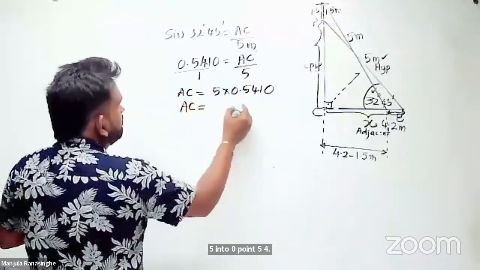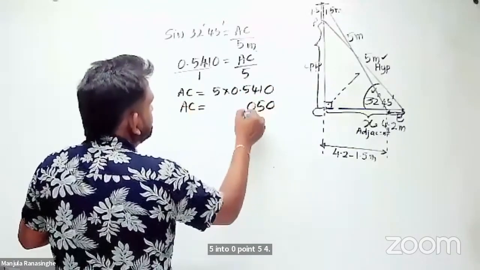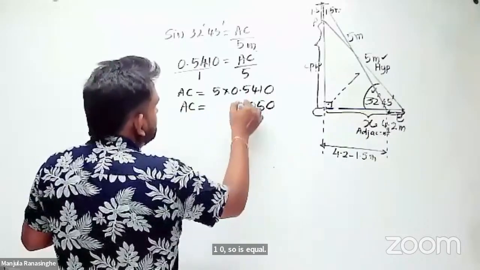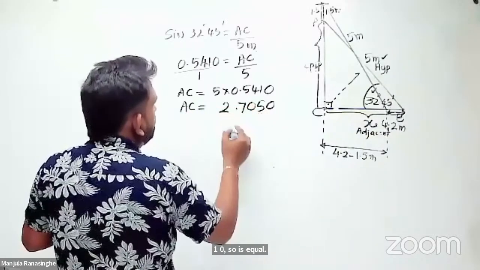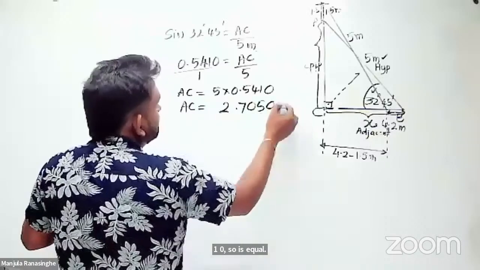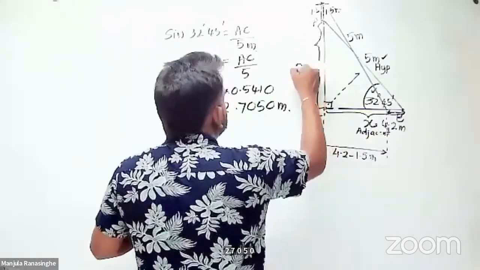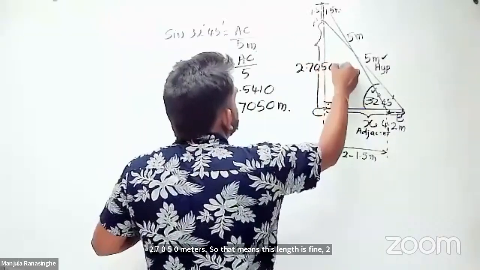So AC equal 2.705 meters. So that means this length is fine, 2.705 meters.